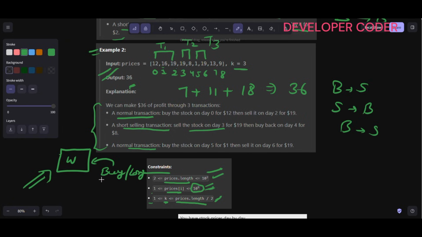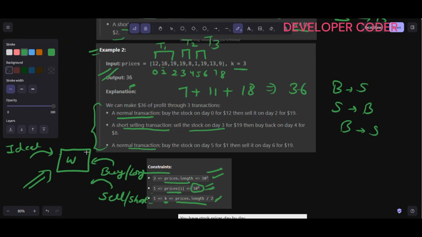Or maybe if you already have any stock, or let's say you sell some stock, short term, so you are going to buy it back again after some time. Or you may sit idle for today. You don't do anything. These are the three things you can do.